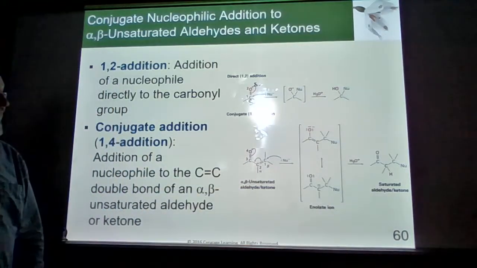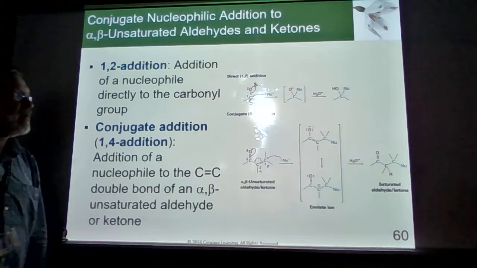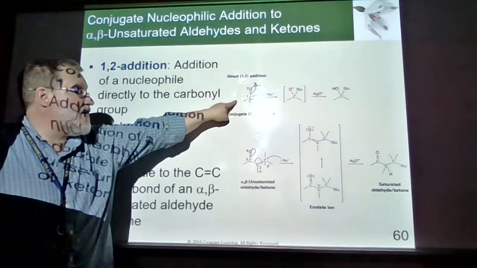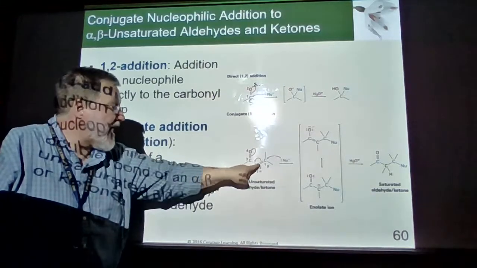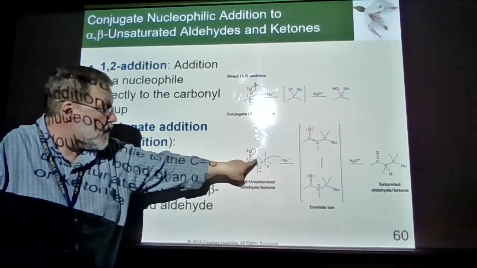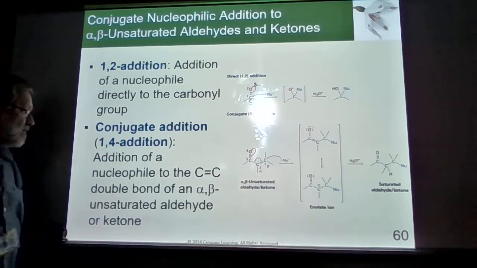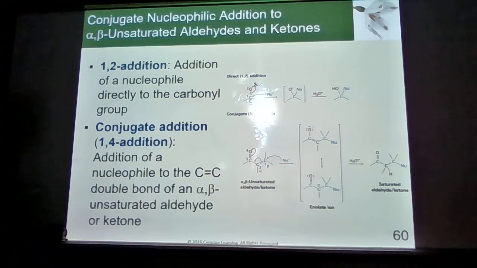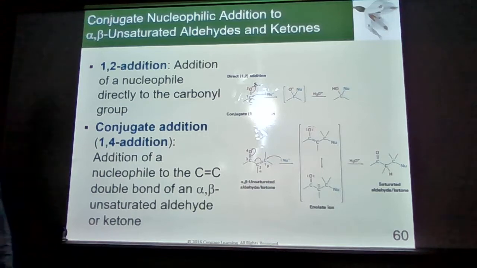Here, the reaction happens on adjacent carbons to your carbonyl. Notice we do not have a double bond specified here. Here, we have a double bond that is alpha, one position away from the C=O. So here we have addition of a nucleophile to the carbon-carbon double bond of the alpha-beta unsaturated aldehyde or ketone.